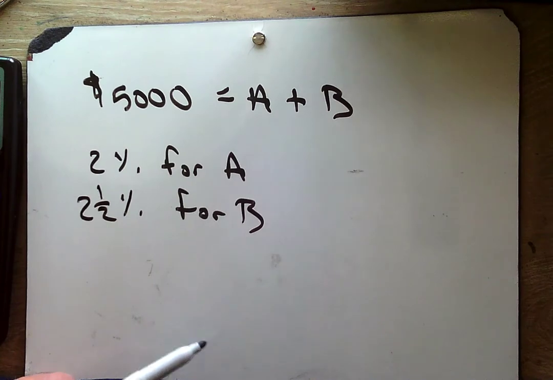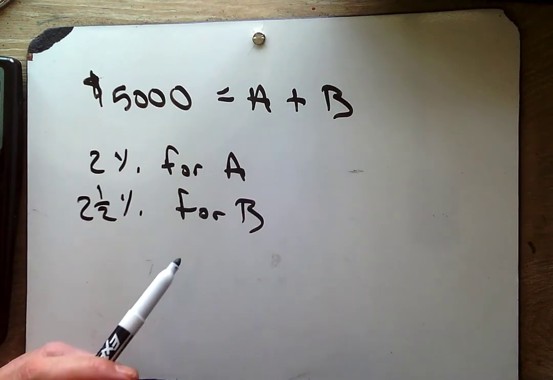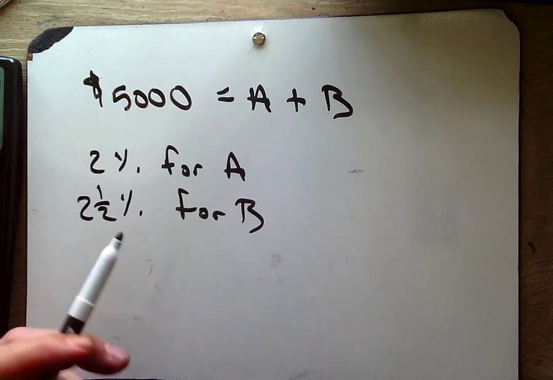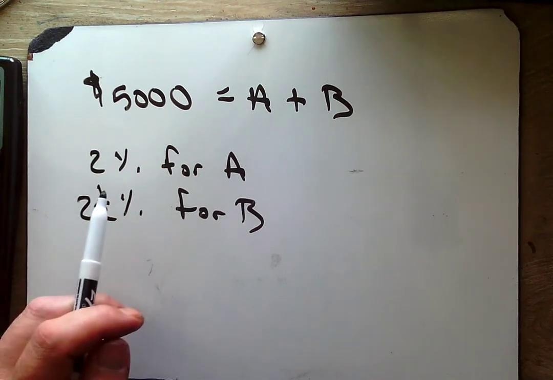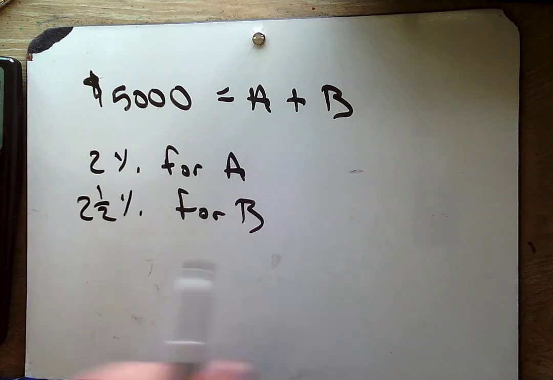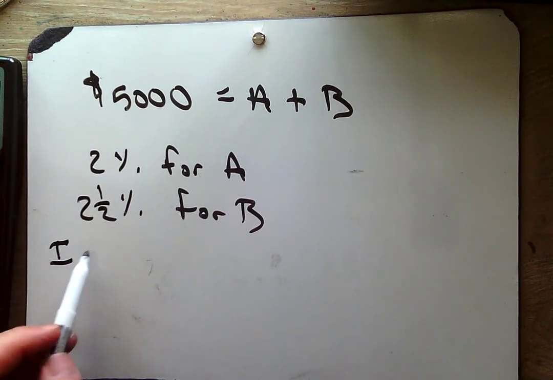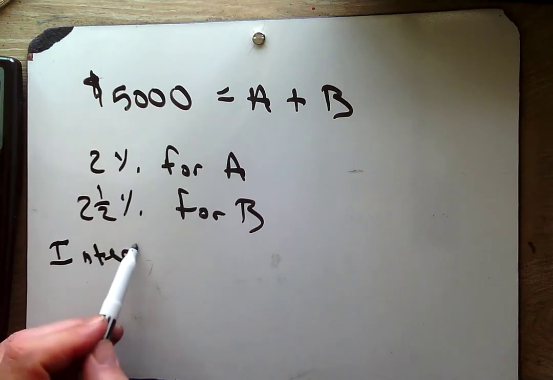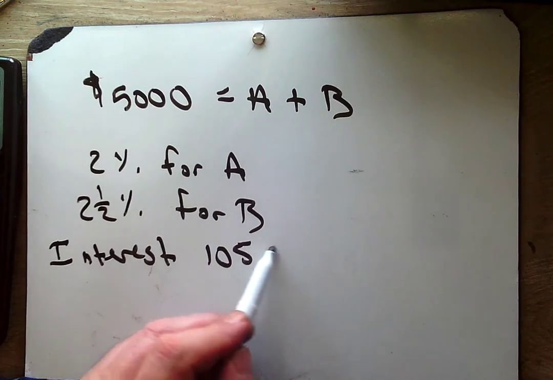But because the world doesn't come with guarantees like that, you decide to spread your money across these two investments. So how do we turn this into an equation? Well, we need one more piece of information, and that is that the interest that you earn from 1 year of these investments is $105.